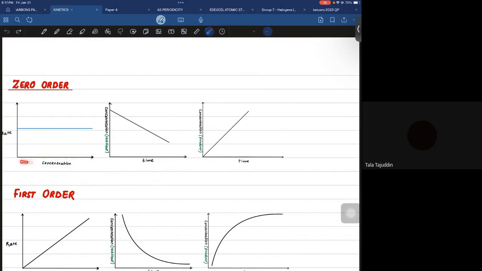You are continuously changing the concentration, but there is no effect on rate. Obviously, I told you this. Whenever you change the concentration of reactant for a zero order reaction, the rate would remain the same. So that's called zero order reaction. So this graph is showing zero order reaction.